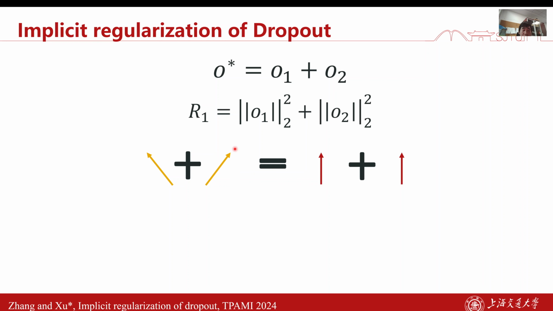So in this way, what's the best result? The best result is they should be equal to each other. In this case, these two vectors' summations are equal to each other, right? But their norms are very different. In this case, the orthogonal direction component will add extra value to the norm. So this will be larger for R1, but this pair will be smaller. So if we have this regularization, we should pick this result.